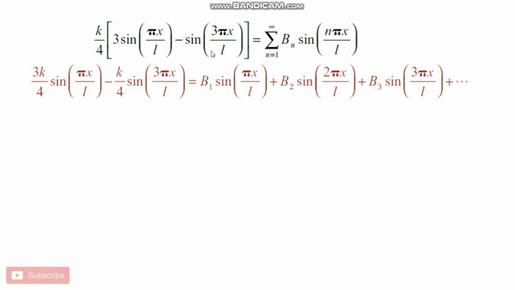So the left hand side expression will be 3k by 4 sin(πx/L) minus k by 4 sin(3πx/L).